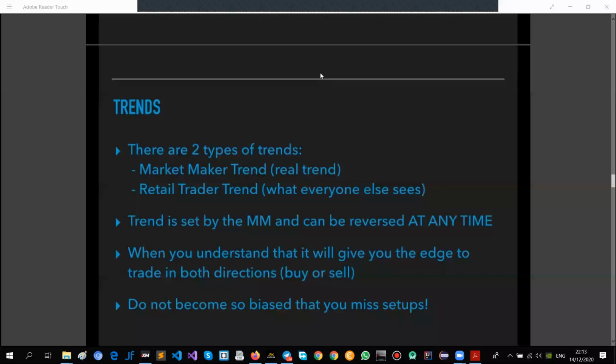That's why it's written here that the market makers set the trend and they can reverse it at any time. That's just because they want to make profit. These guys are after people's money, and they move the trend in the direction where it makes them money.